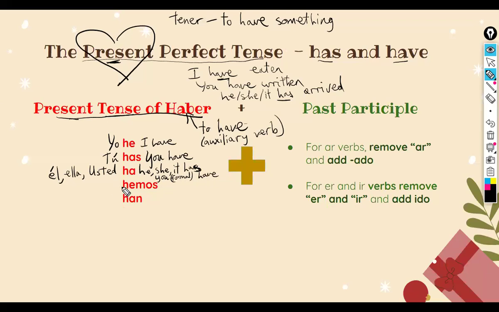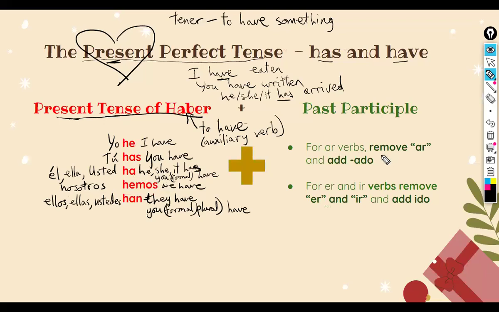Nosotros hemos, we have. And ellos, ellas, ustedes han, they have, or you plural have, right? All right, so the first part of the tense, we take haber, and then what we add to it is the past participle.